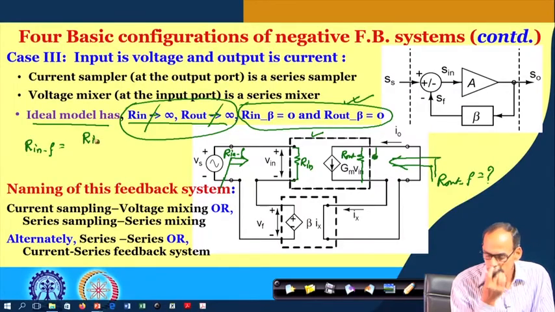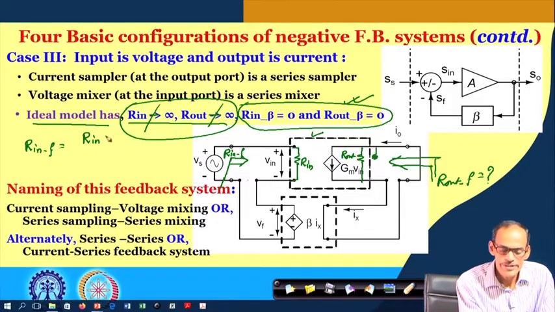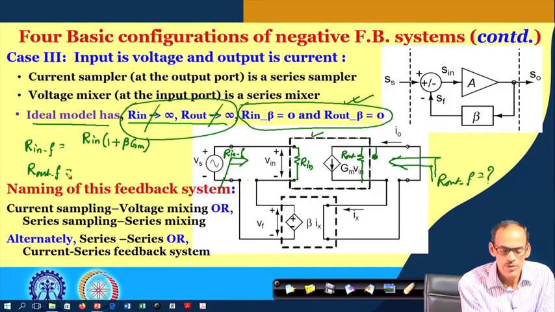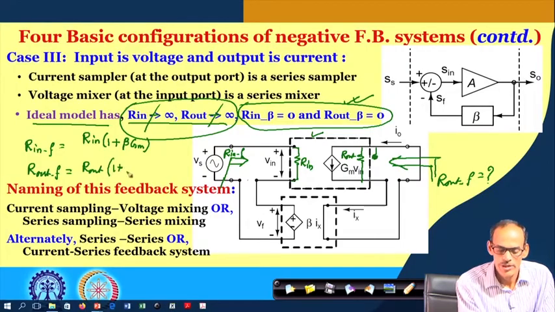In fact, since it is a series connection, this resistance is expected to increase, and the increasing factor is the desensitization factor 1 plus beta into A, and in this case A is G m. Likewise, R out F is equal to R out multiplied by 1 plus beta into G m.